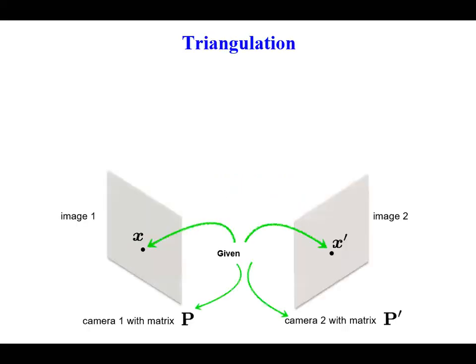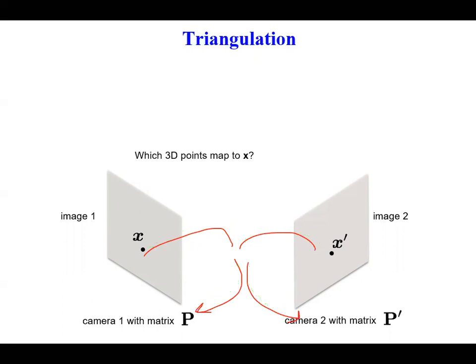But now we are thinking about something else, which is called triangulation. What is triangulation? Assuming that you are given these matched points between x and x dash, and you are also given P and P dash, what then do I need? I need the 3D point X. How can we get this 3D point X?